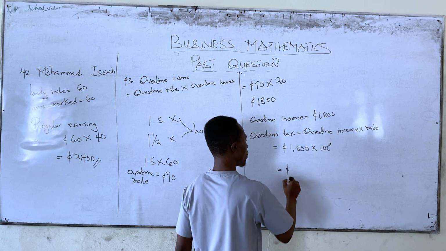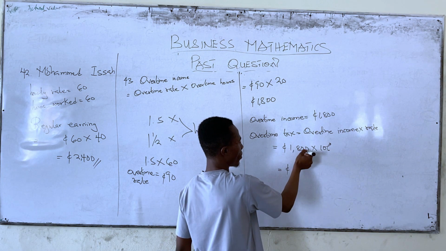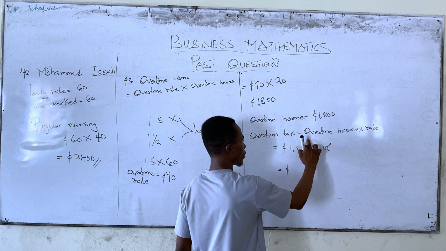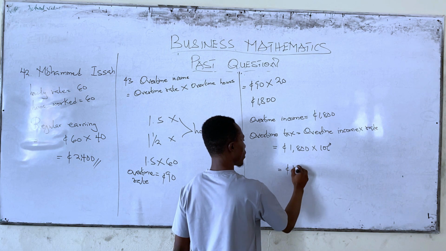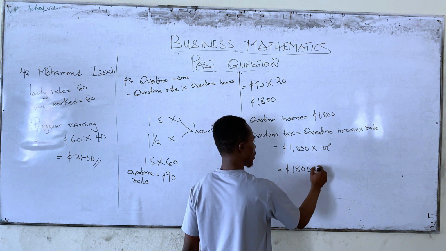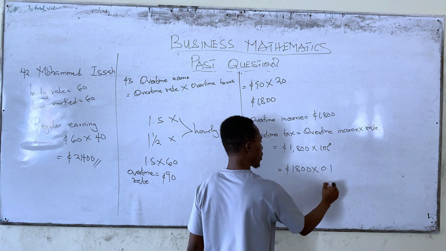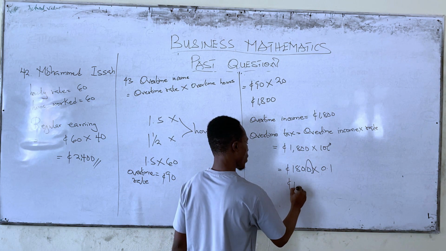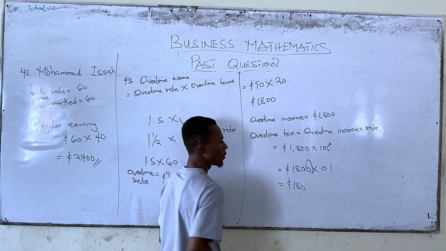So 0.1, one decimal place like this. Let me clean this so that you can write it. 1800 times 0.1 is just one decimal place like this. So you are going to get 180. I hope that is clear.